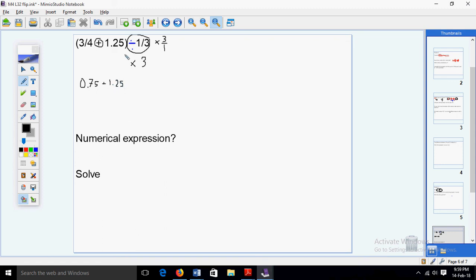Well, because the parentheses. Parentheses say me first. So if I add those two, what is 75 plus 25? That's 1. If you think about American money, the quarters. So 1, and then I already have a whole here, so I actually have 2. So 3/4 plus 1 25 hundredths is 2. So here we go.